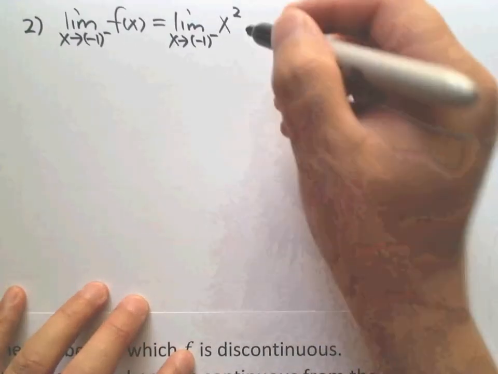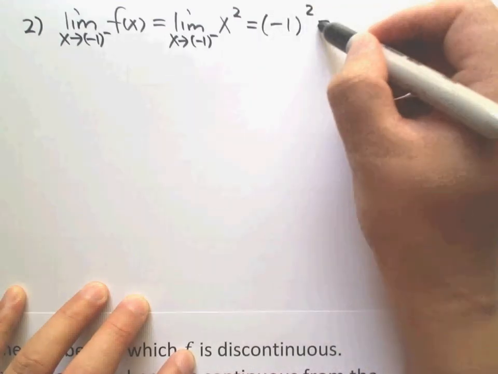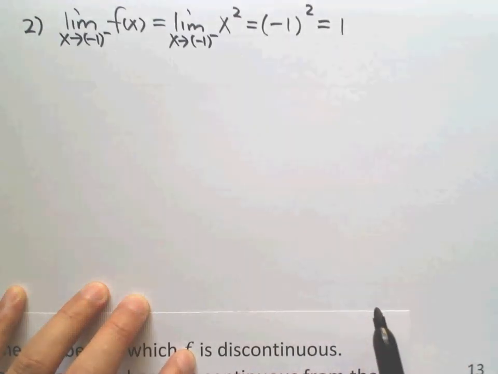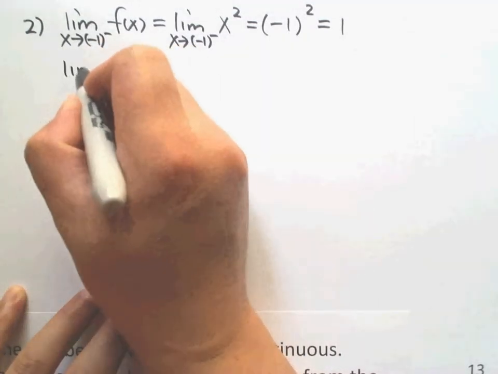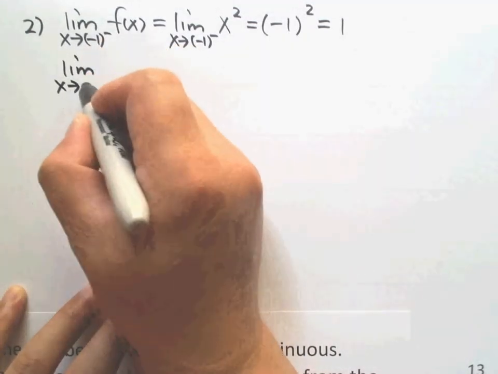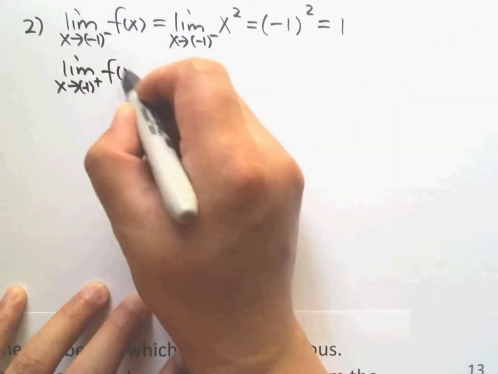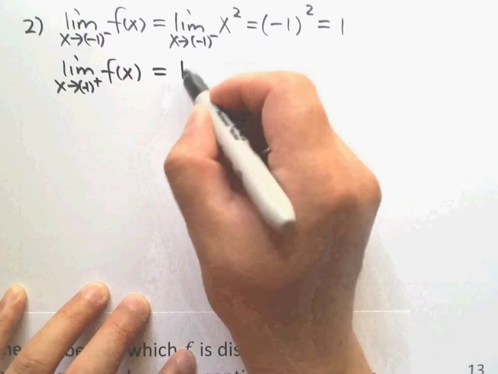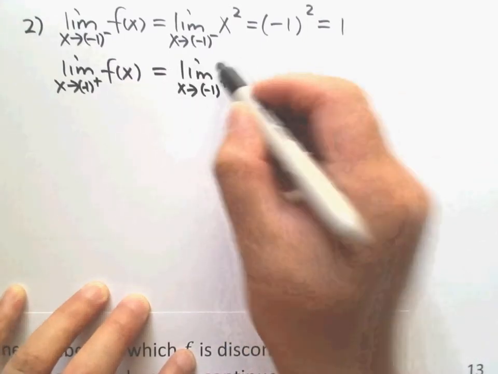So I put the x squared here. And this is a polynomial, right? Directly substitute. (-1) squared is 1. We found the first. Now we're going to find the right-handed limit, which is this: x approaches -1 from the right side, f(x).